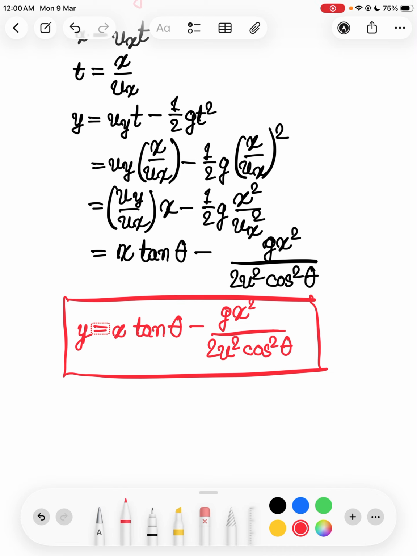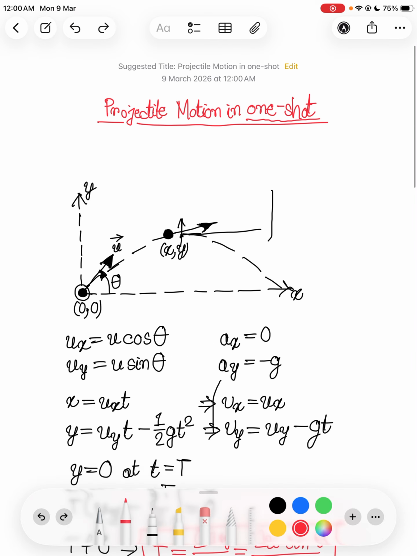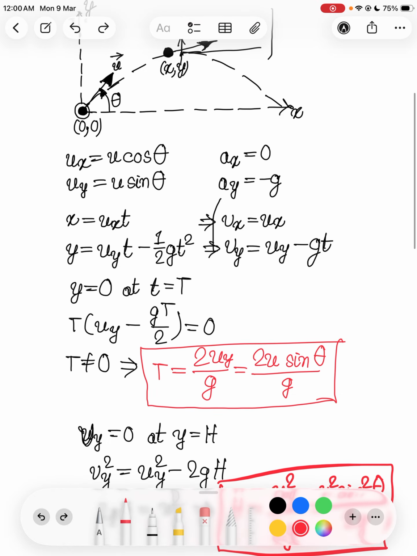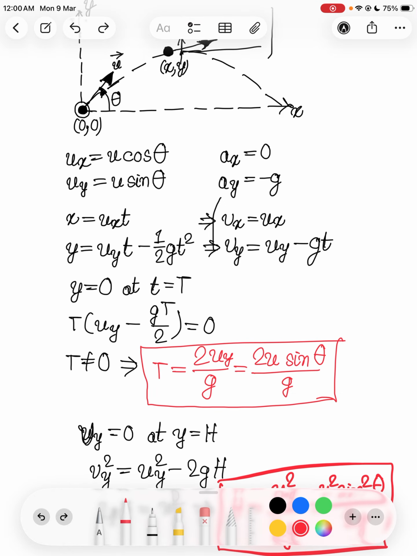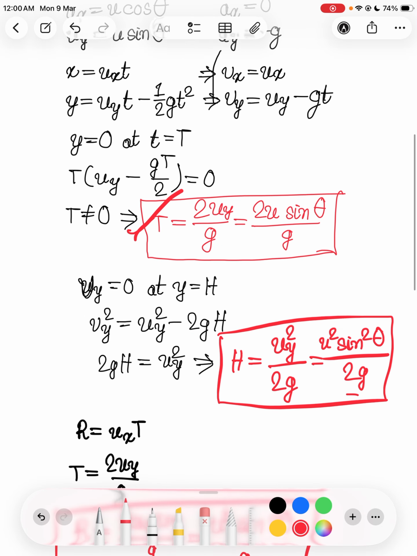This was the equation of trajectory, and let me just summarize the whole thing in a very short time. We first derived the time period, which came out to be 2 uy by g, and after that we derived the maximum height, which came out to be uy square by 2g.